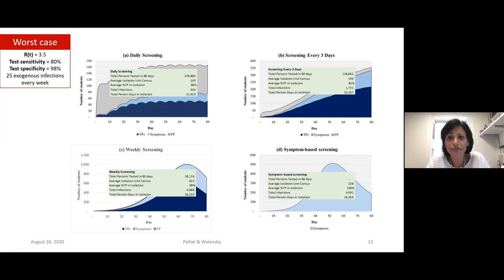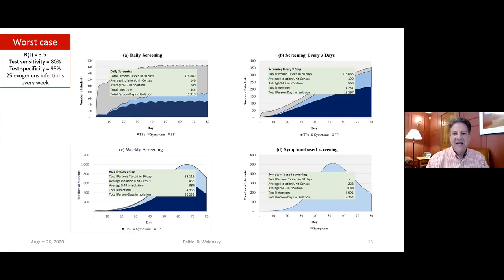Right. Comment in the chat box from Andy Mark saying at the medical center, Columbia isn't even doing weekly screening of students. Yeah, so again, I don't know, is there any regularity to the screening program, or is it simply symptomatic screening?